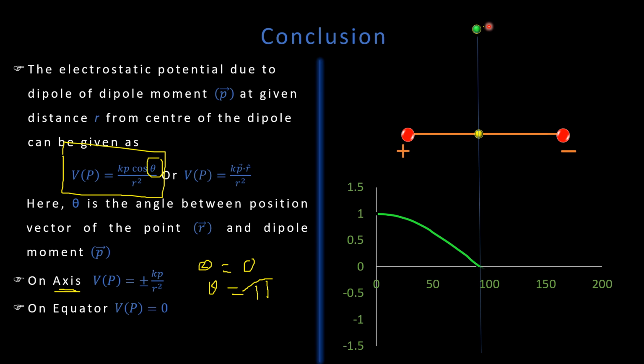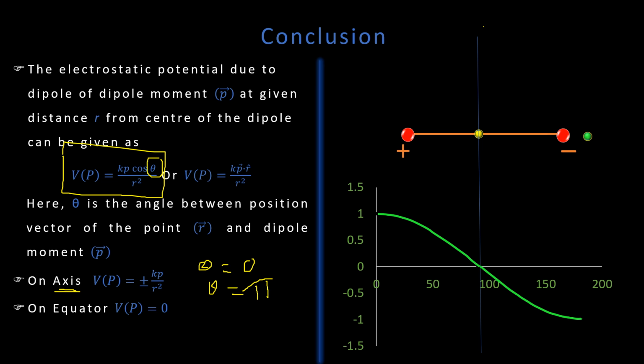Hence, look at this dot, we are going down, and the potential is decreasing. Exactly when you are here, the potential will be negative, minus kq by r, while here the potential is plus kq by r. That is how the potential of a dipole varies as you change the angle.